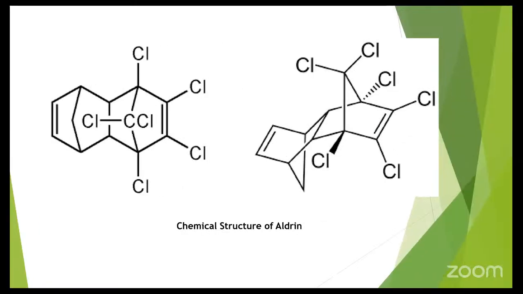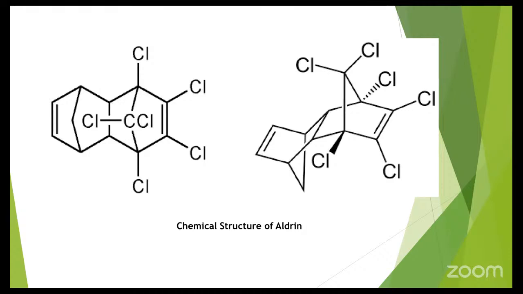So coming to the chemical structure of aldrin. Basically, these are all the compounds that come under cyclodiene insecticides. So one more is aldrin. Aldrin is also a white crystalline solid with a melting point of 101 to 105 degrees, and its vapor pressure is given at 25 degrees. The technical material contains not less than 95% aldrin and it melts at 45 to 60 degrees.